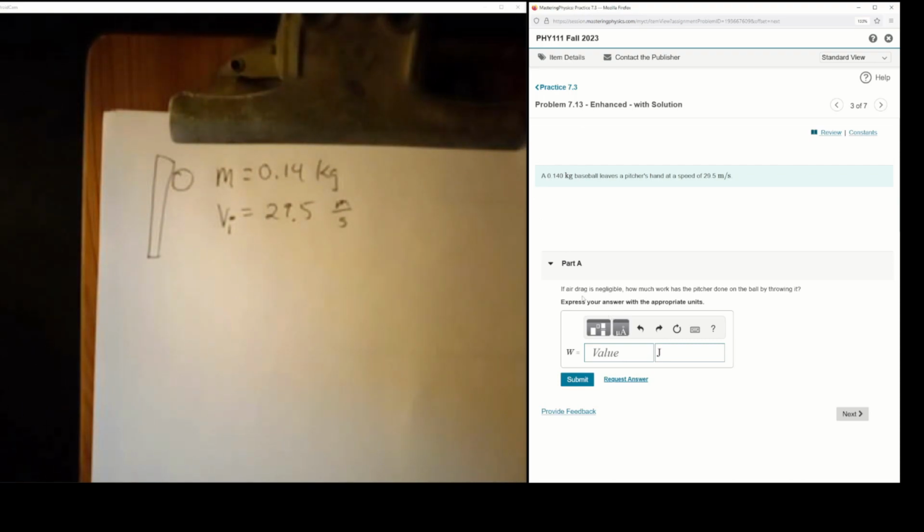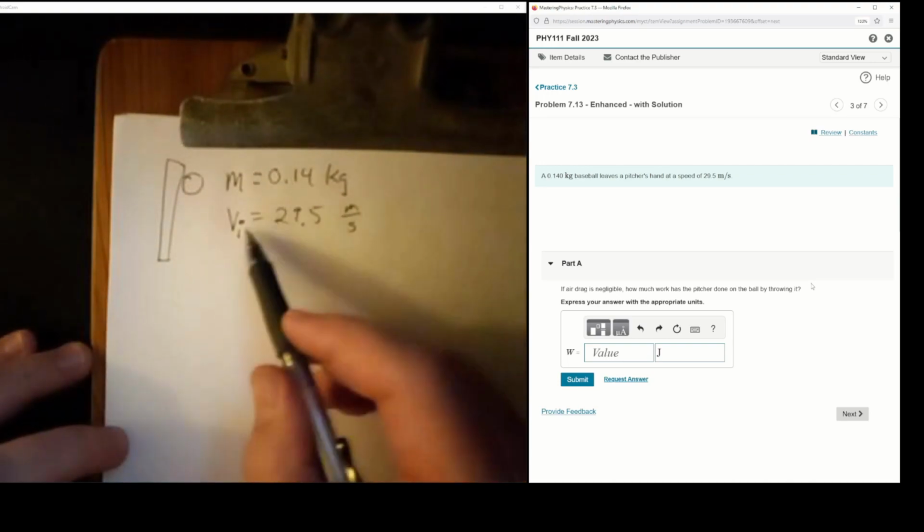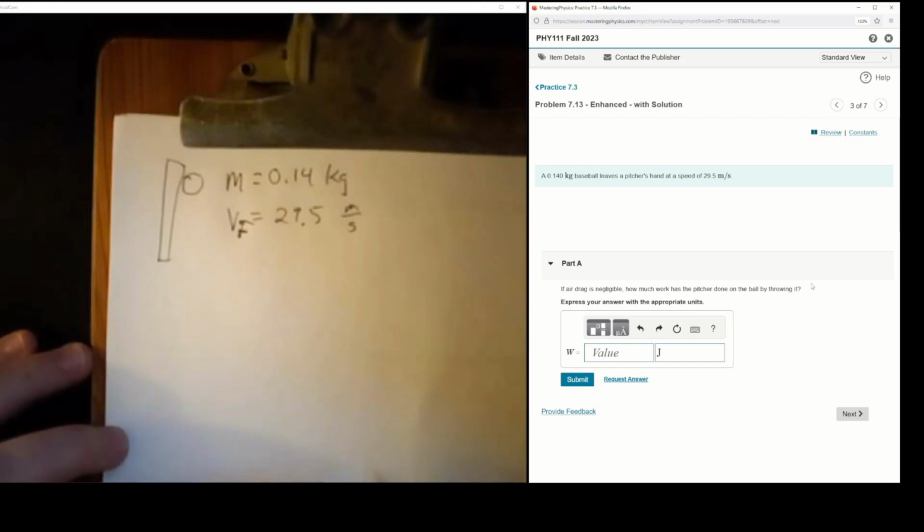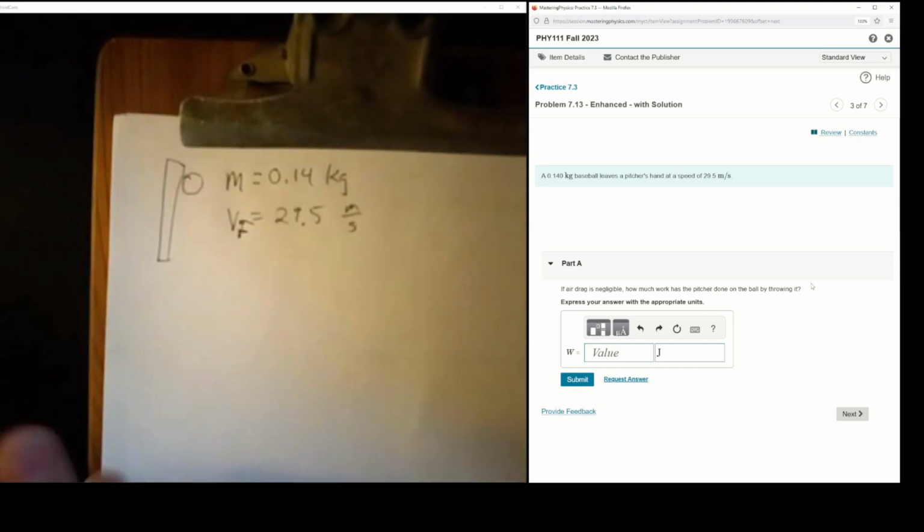So part A, if air drag is negligible, meaning no friction, how much work has the pitcher done on the ball by throwing it? Okay, so now that I've read the question, this is actually going to be final velocity. As I said, I was a little hesitant calling that initial, because I really needed to check out what the question was.